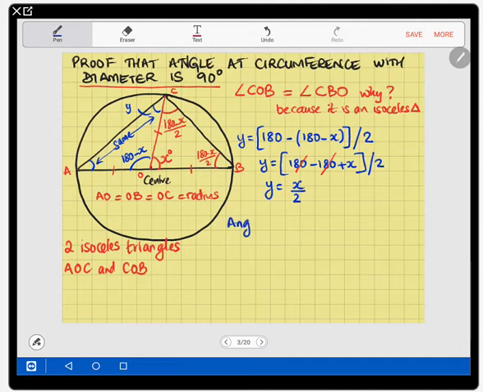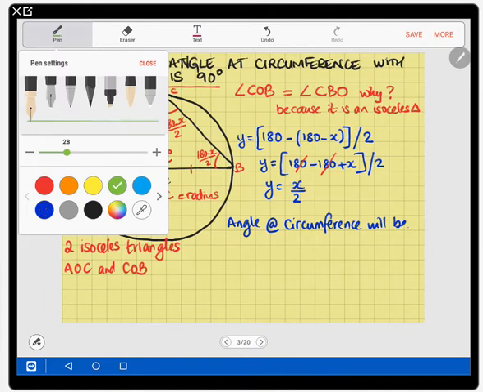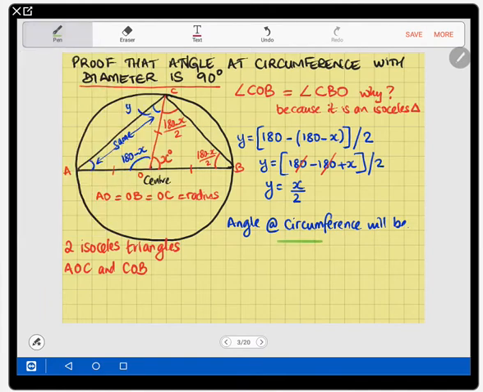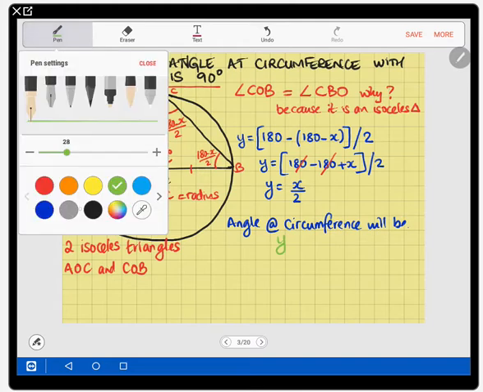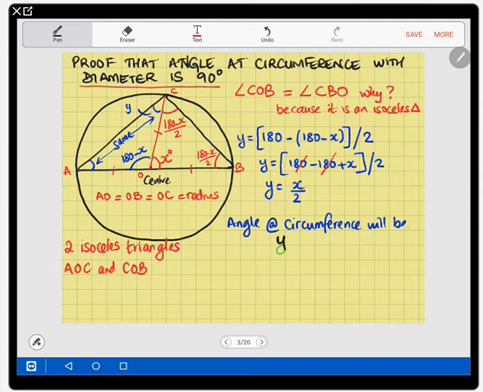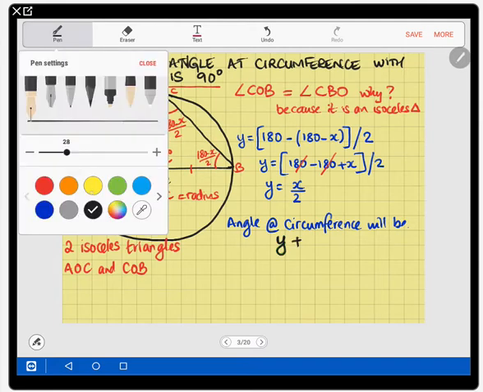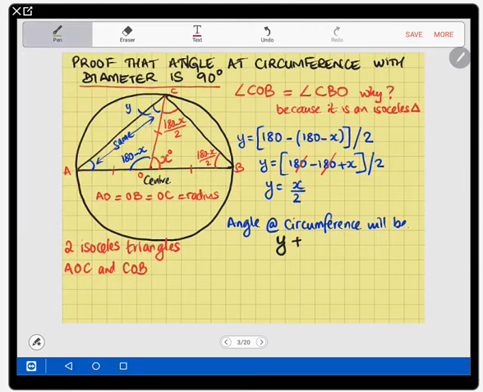Now, the angle at circumference will be y, which we found already, y plus what? Plus this angle, right?